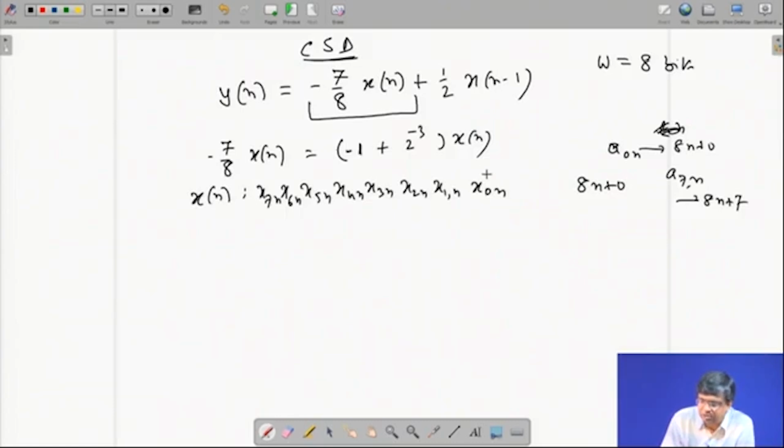These 8 bits will come into the system serially. This will come first at 8n plus 0, then this will come at 8n plus 1, this at 8n plus 2, dot dot dot, this at 8n plus 7.